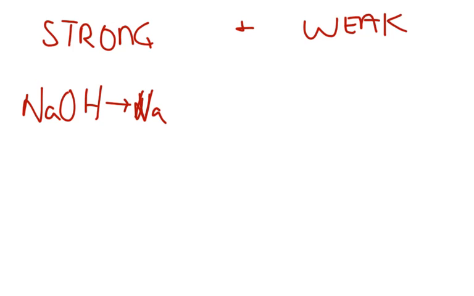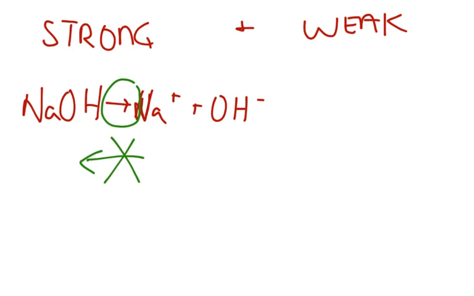So you would take NaOH breaking down to sodium and hydroxide. It is a one-way reaction. It completely falls apart and does not go the other direction. A weaker base or a weaker acid, like the examples in your notes, will be reversible reactions. They partly dissociate, then they recombine, then they redissociate, then they combine. Dissociate means to fall apart into what it's made of. So strong versus weak, you're going to see a little bit of that.